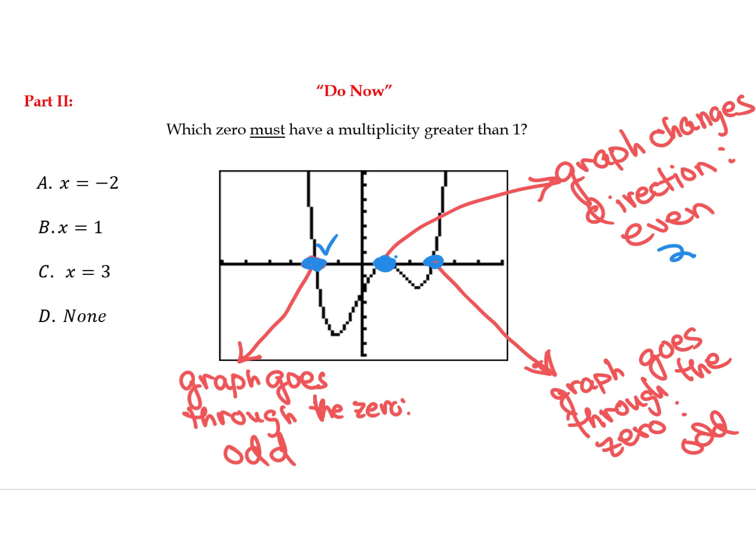And the third 0, the graph is actually going through that point. Therefore, the multiplicity is odd. So the 0 that would have a multiplicity greater than 1 would have been x is equal to 1.